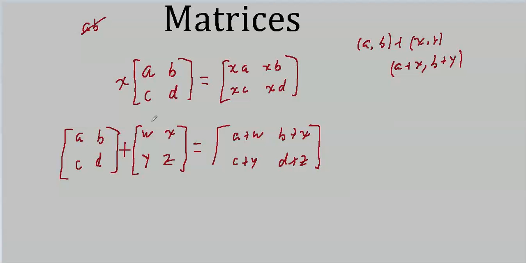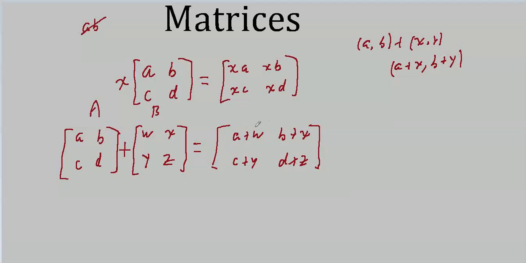Just add up their respective components. Add w to a, x to b, y to c, and z to d, end up with this new matrix. And this is called the sum of these two matrices. If this is matrix A and this is B, then we would say this is the sum of A and B.